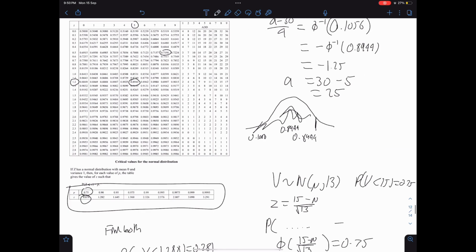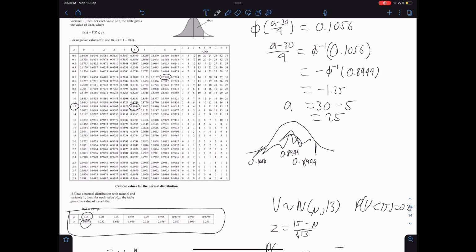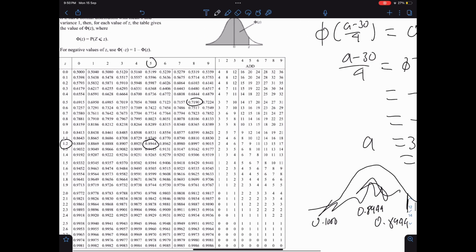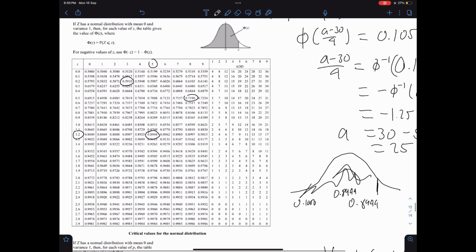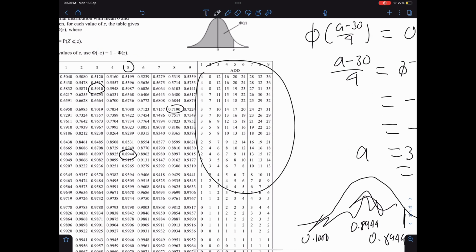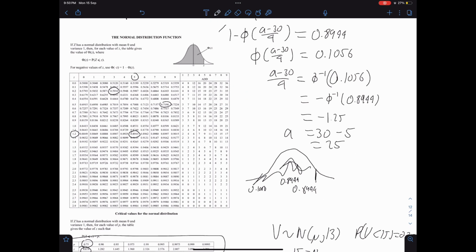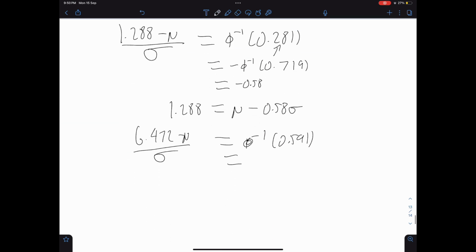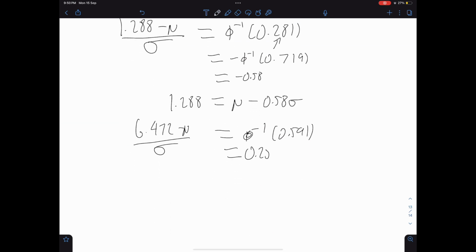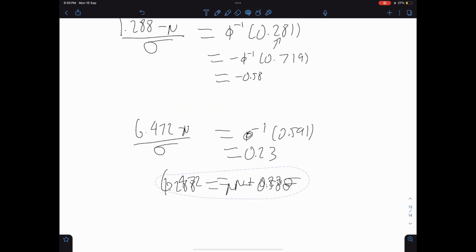That's above 0.5, so we don't need to worry about that. Now, so far we've been getting things that are nicely in this table. Sometimes you may need to look over here to find your probability. And now hopefully you can see that we're starting to form some simultaneous equations.